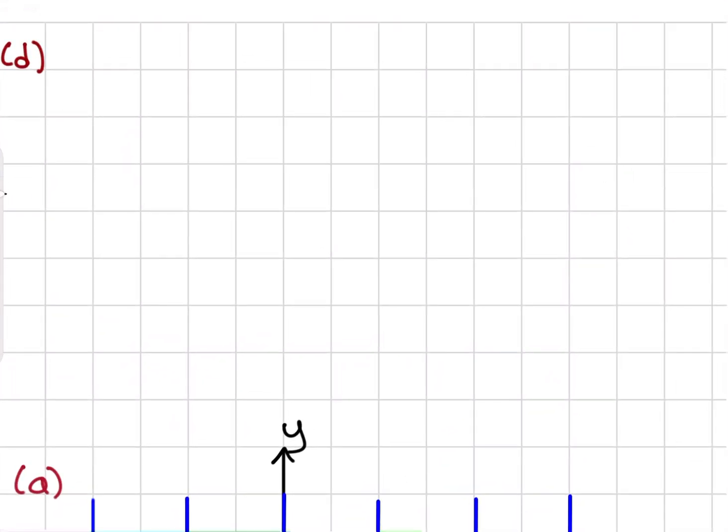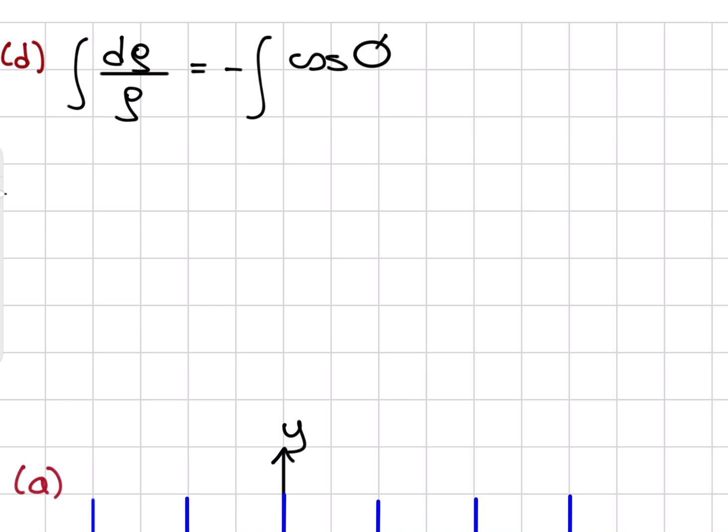So substituting that here, I have integral d rho over rho is equal to minus the integral cosine phi divided by sine phi d phi.